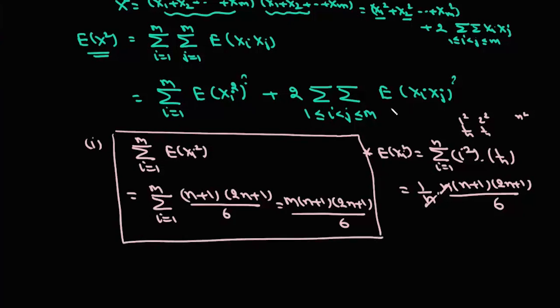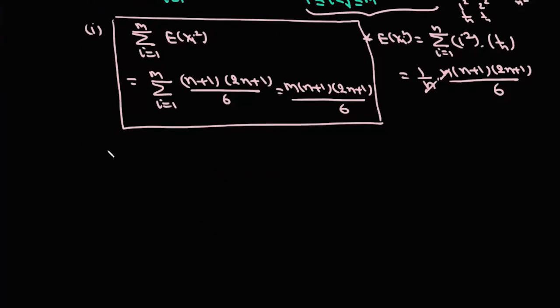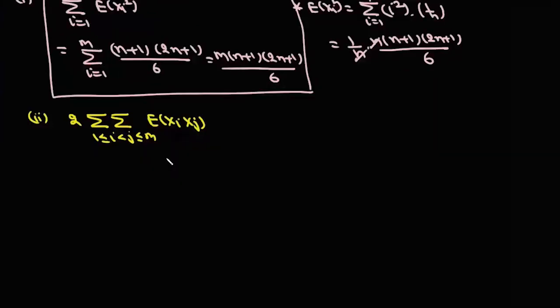Now we have to calculate this 2 times the double summation of the expectation of xi into xj. So for the second term, we'll find 2 times this summation, 1 less than or equal to i less than j less than or equal to m, of the expectation of xi into xj. Now the obvious question is, how do we calculate this?